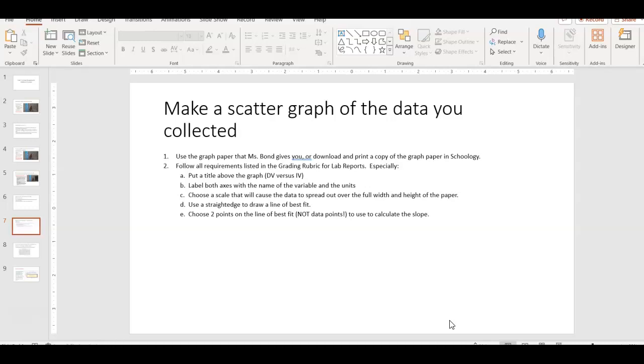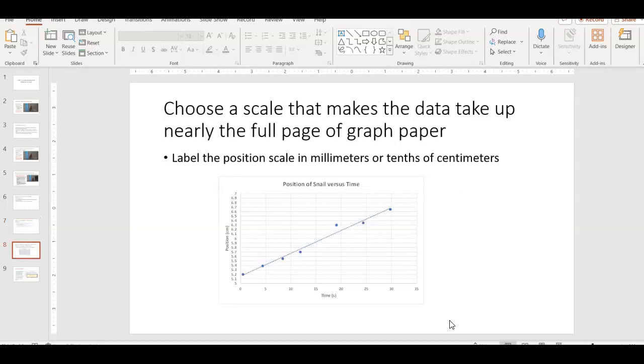So be very careful with the scale that you choose. It's a big requirement to make the data spread over nearly the full width and height of the page of paper. And to do that, I really recommend that you label the position scale in millimeters or tenths of centimeters, the way I've done here.